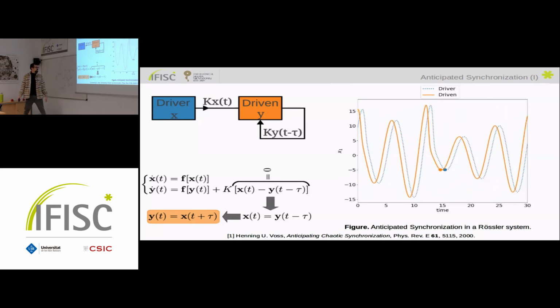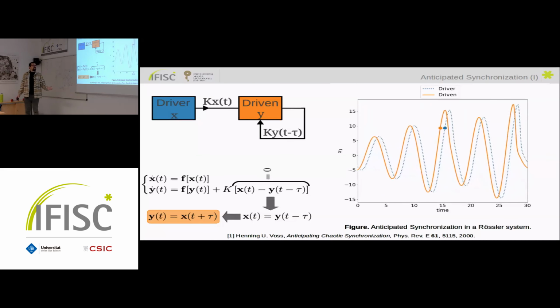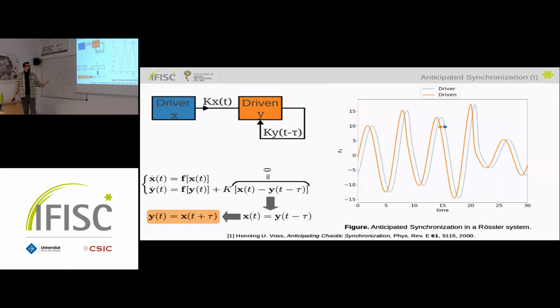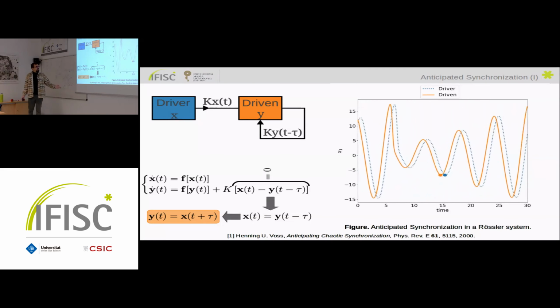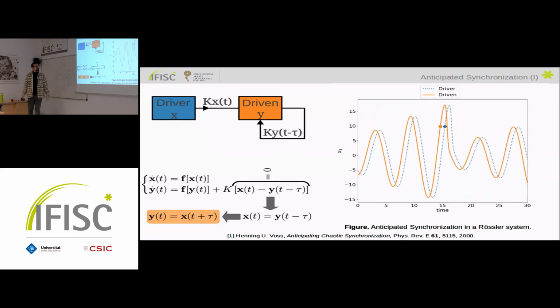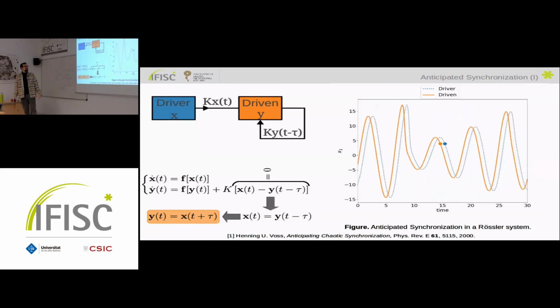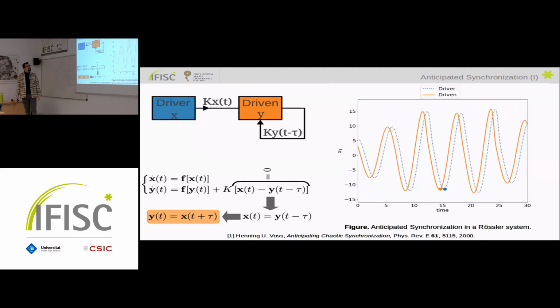Then there is the question of whether this solution is stable or not. In a chaotic system, this is not generally possible to say, but we can work with some approximations. We can work this out in a linear system, and we can also use some simulations and some numerical integration to see whether the solution is stable or not.